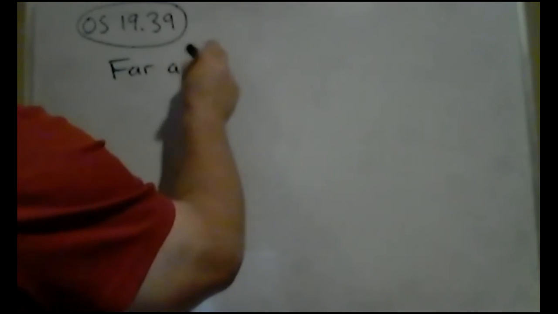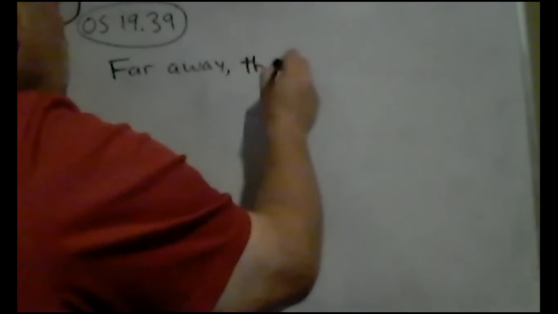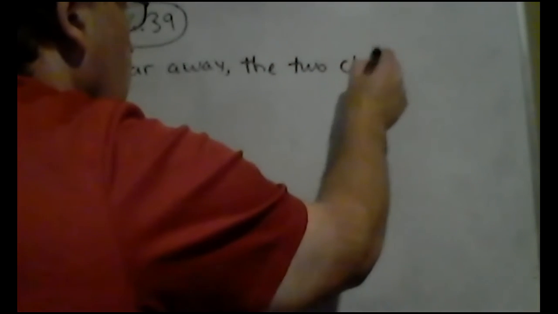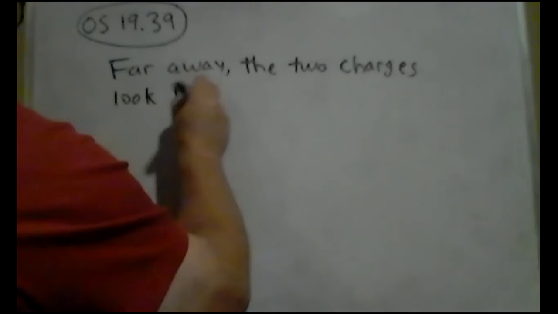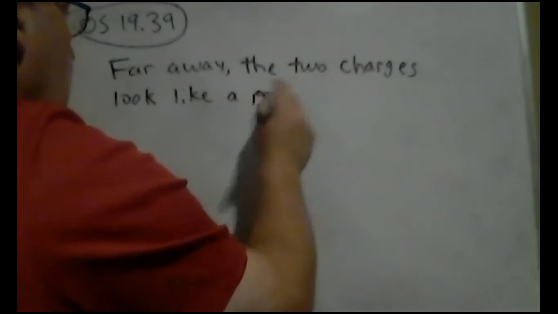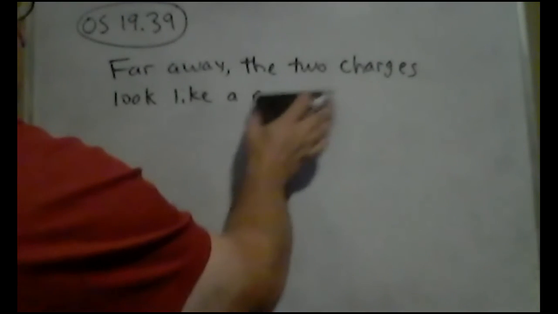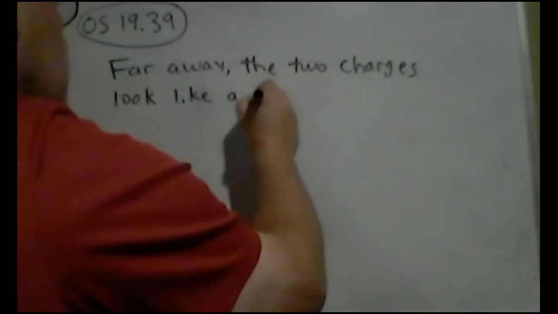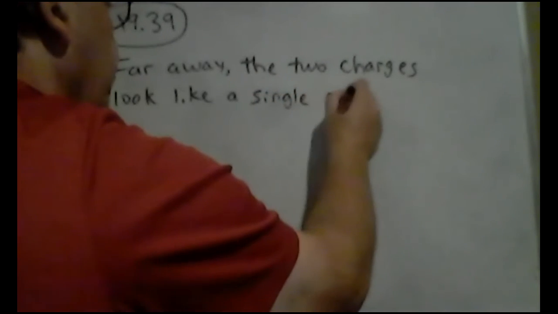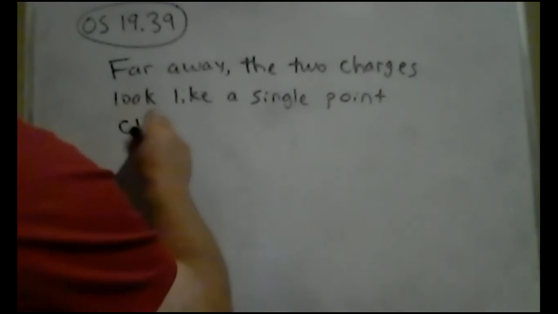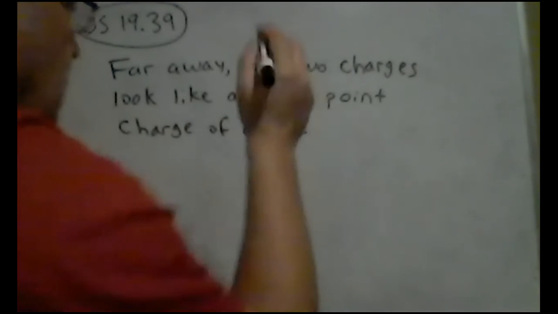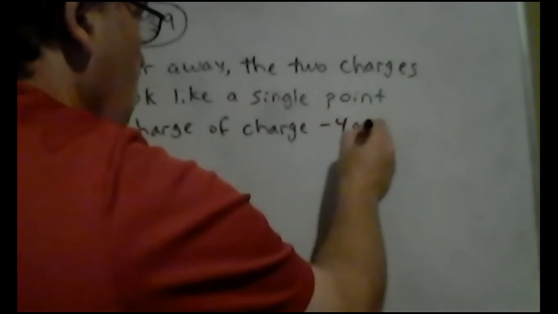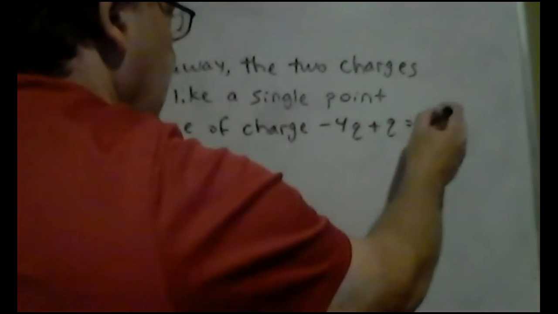But far away, the two charges look like a single point charge, of charge, say, negative 4q plus q equals negative 3q.